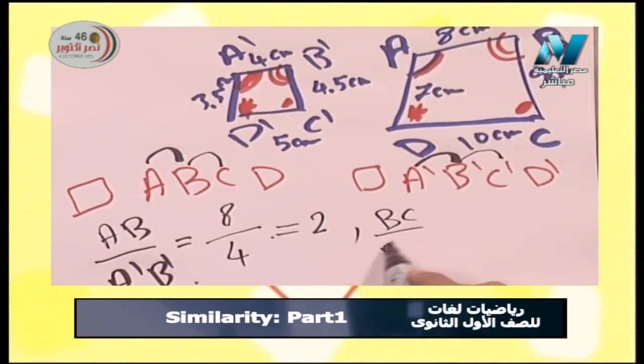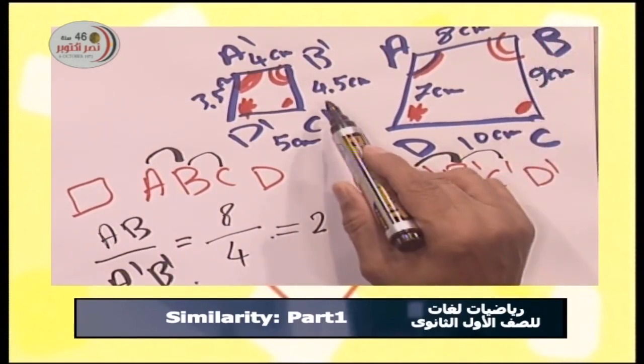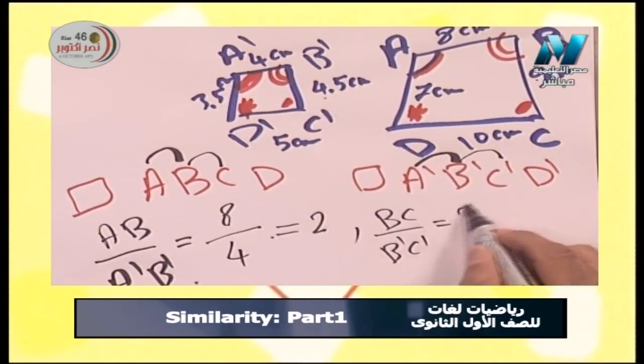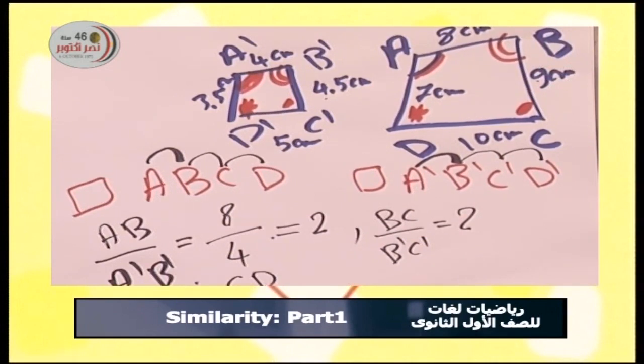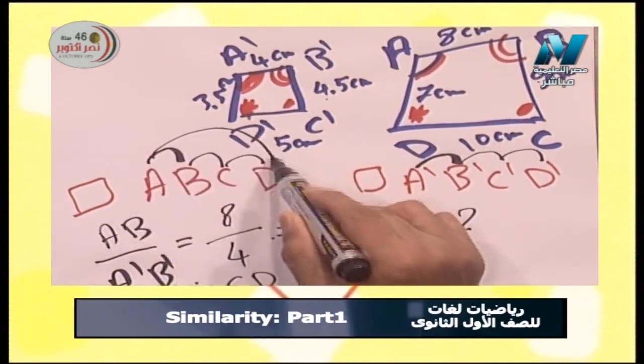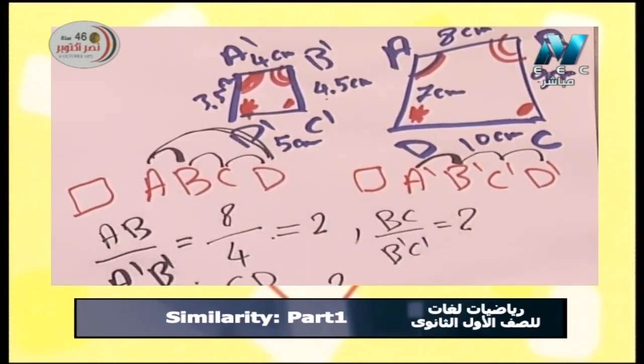BC over B dash C dash equals 9 divided by 4.5, which is 2. CD over C dash D dash also equals 2, and the last one, AD over A dash D dash, equals 2. So all ratios here are equal.